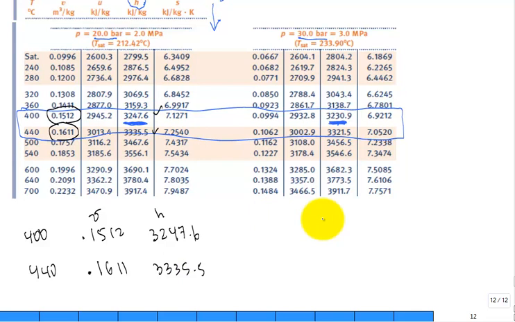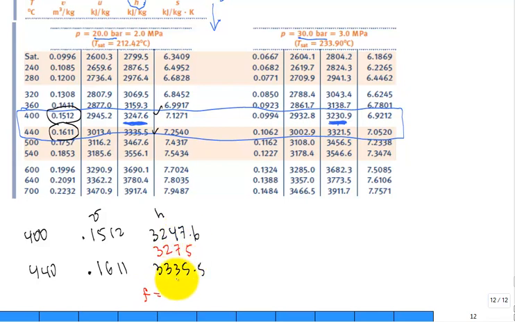Let's finish out one interpolation on this side. We come in with our h value, which is 3275. I would do it in two steps. I would get that fraction with respect to h.